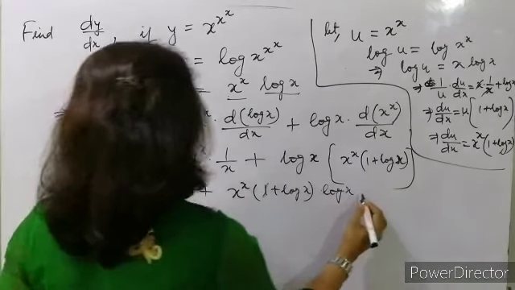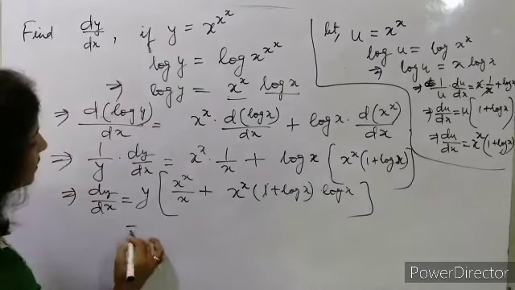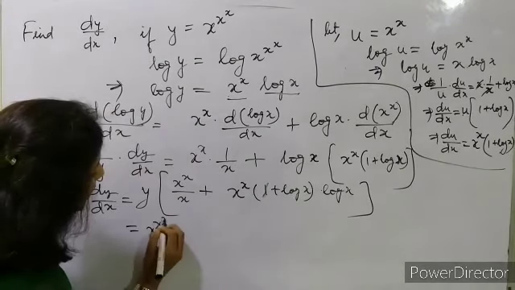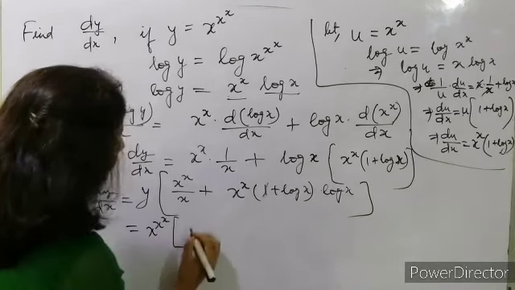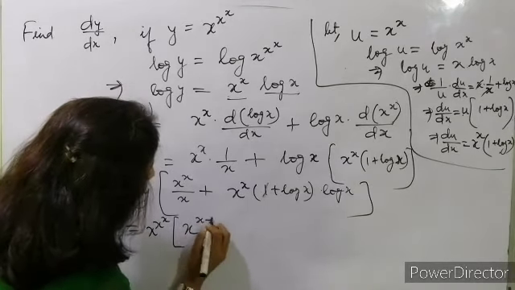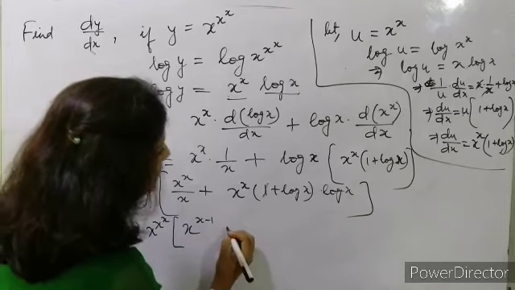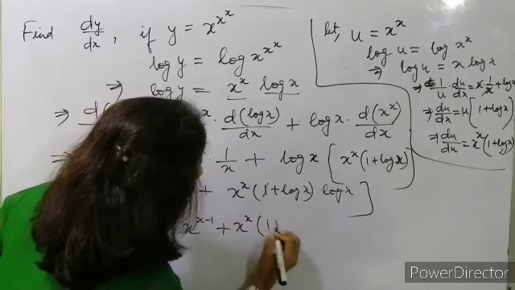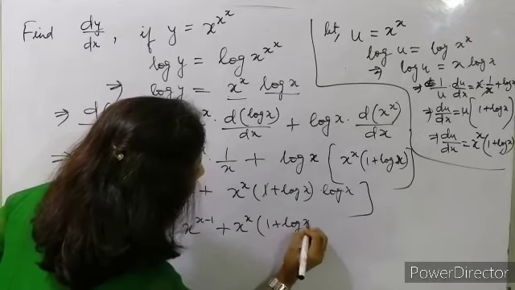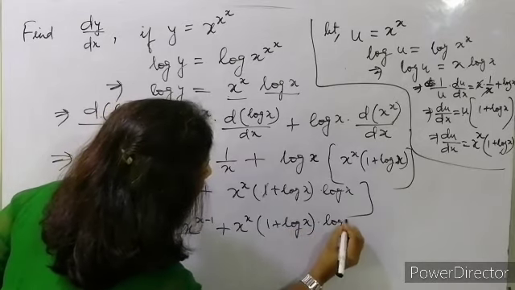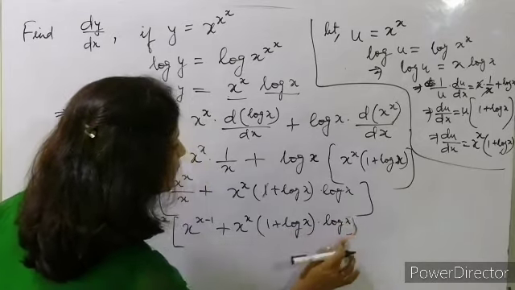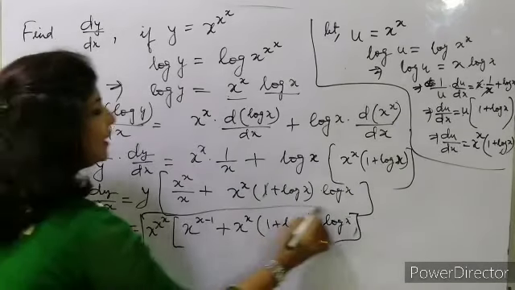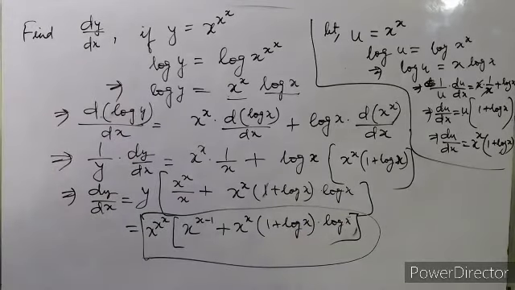So it will be equal to, y's value is x to the power x, and this will be x to the power x minus 1 plus x to the power x into 1 plus log x multiplied by log x. So this value will be the value of dy by dx.